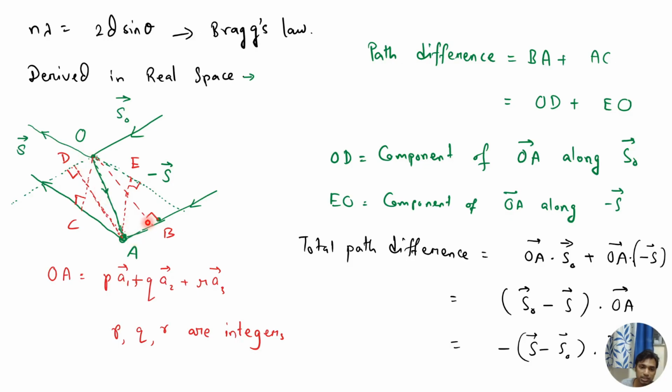So AB is equal to OD, and OD is the component of OA along S0. This point is clear, I hope. Or you can think for a while. Okay, you go back. Now similarly, this distance AC.